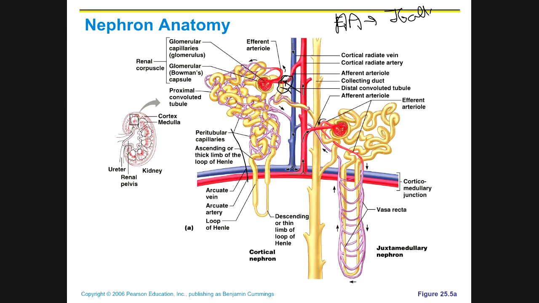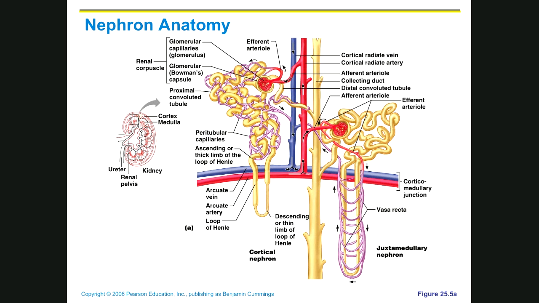And if you look at the distal convoluted tubule, we have these special cells called macula densa cells. If you put those together, those are the regulatory portion of this nephron. So there's a vascular portion, a tubular portion, and a regulatory portion.